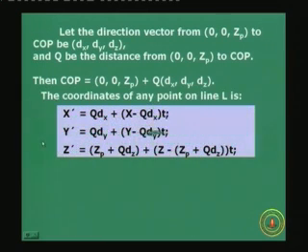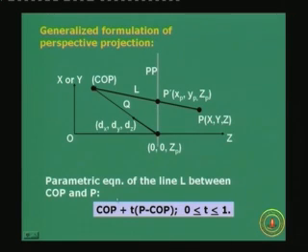So, the coordinates of any point on line L can be given as x prime, y prime, z prime, where x prime is q dx plus (x minus q dx) times t, and similarly y prime and similarly z prime. How do you get this? When we go back to the figure, you have seen the expression of the line L, and the COP is now known.